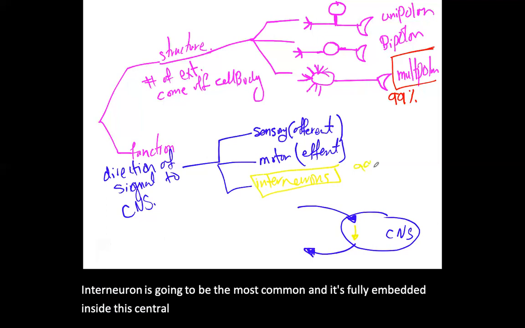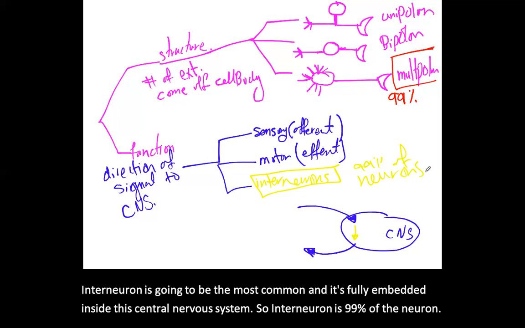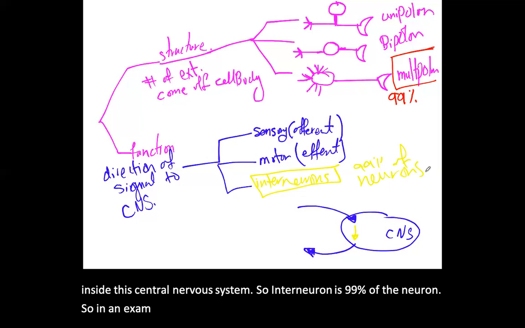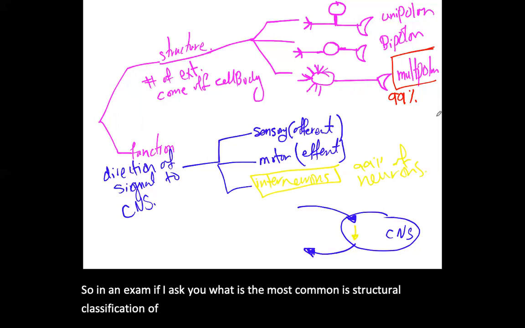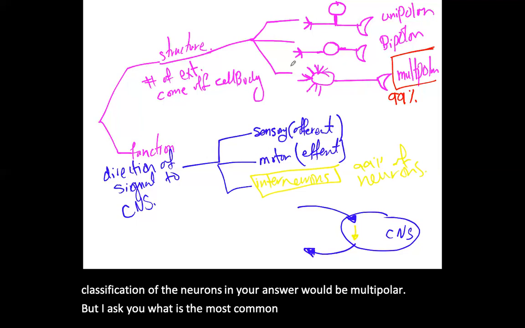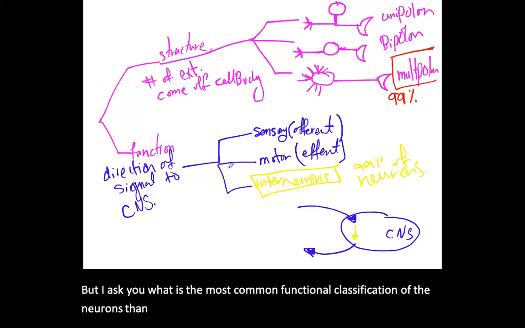So interneuron is 99% of the neurons. In an exam, if I ask you what is the most common structural classification of the neurons, your answer would be multipolar. If I ask you what is the most common functional classification of the neurons, your answer would be interneurons.